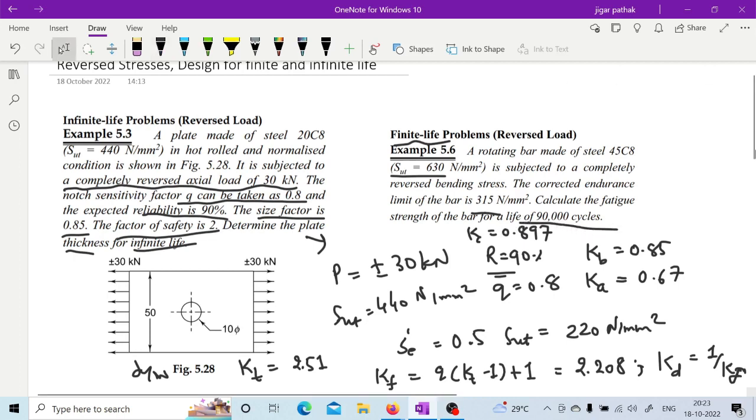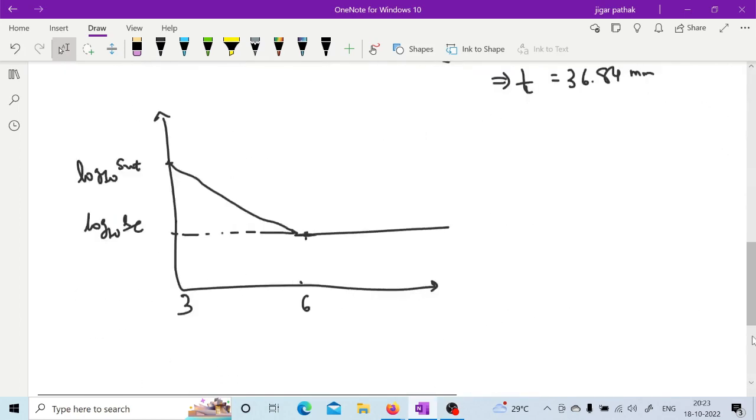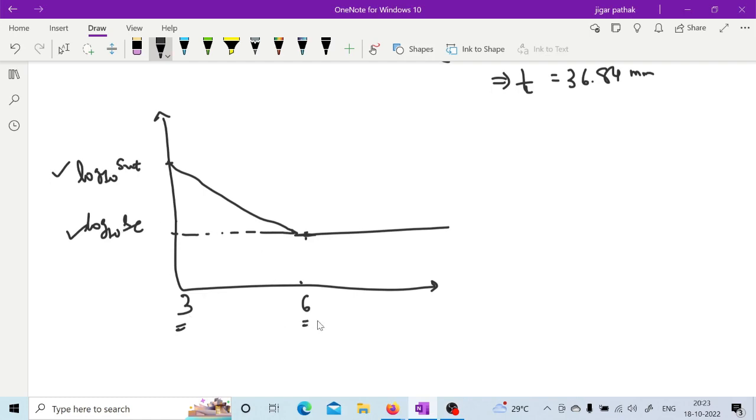So here, the data provided is log 10 SUT and log 10 SE. You can calculate log 10 SUT, log 10 SE, and you know at which number of cycles it is. Log 10 SUT will be at 3, log 10 SE will be at 6.